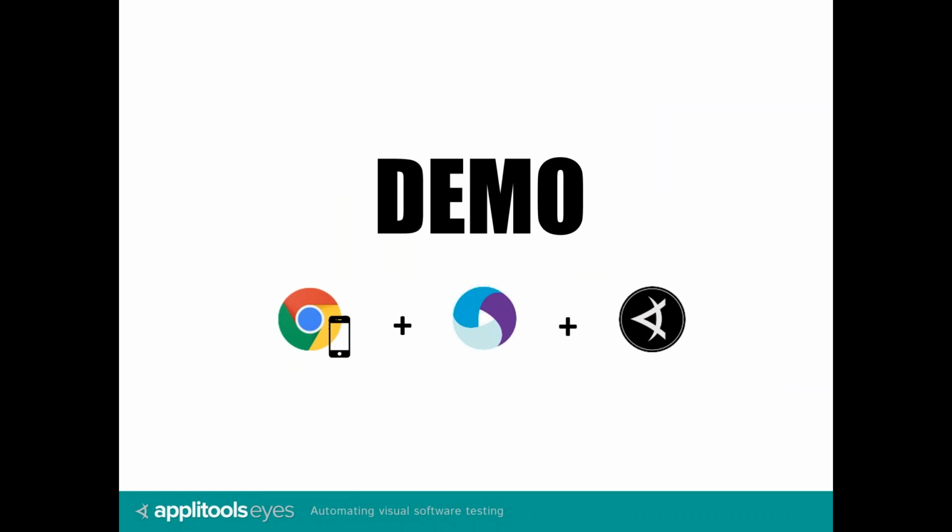Now let's take a look at how we can build a fully automated visual test for a mobile website, a website on a mobile device. We'll use github.com. We'll run it on a mobile device. We'll use Appium to control the browser, and Applitools Eyes to perform the visual testing.